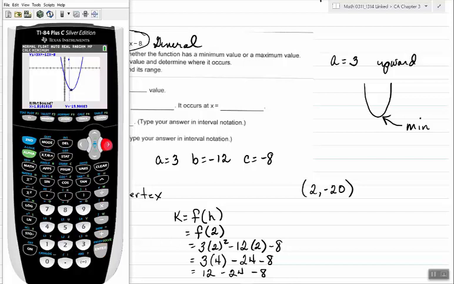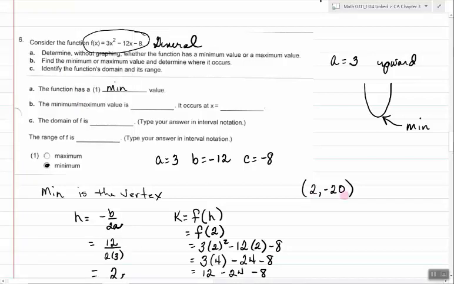Pass through it. On the right side, press enter. When it says guess, press enter again. Remember, I told you there would be a minuscule error possibly. This is (2, negative 20). Look what I got over here, (2, negative 20). So you can do it either way.